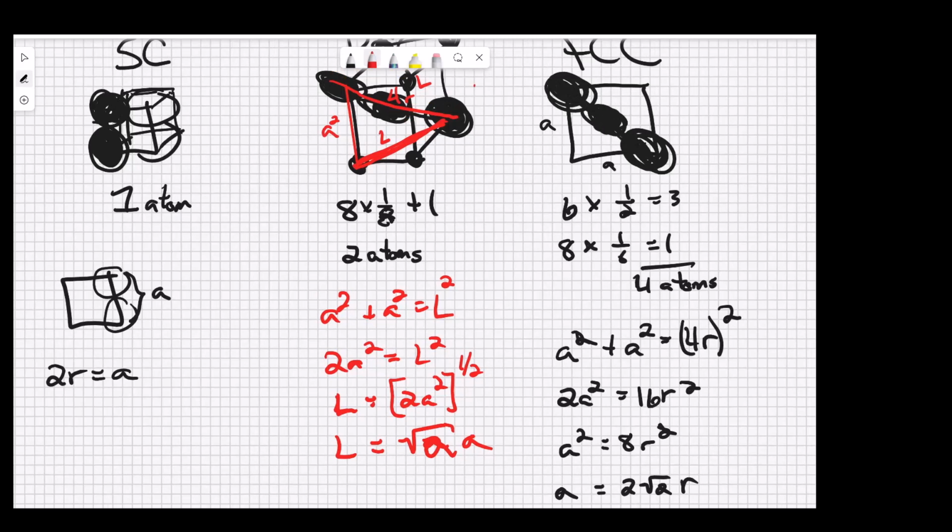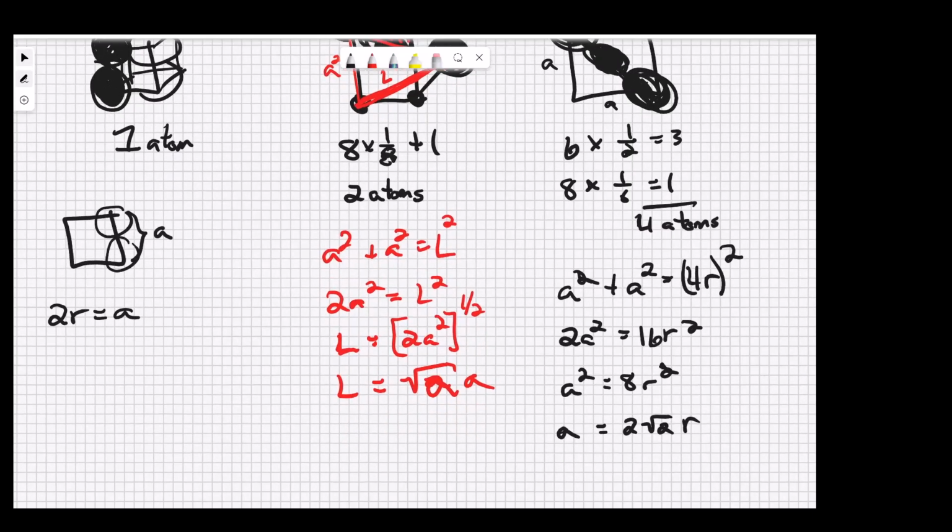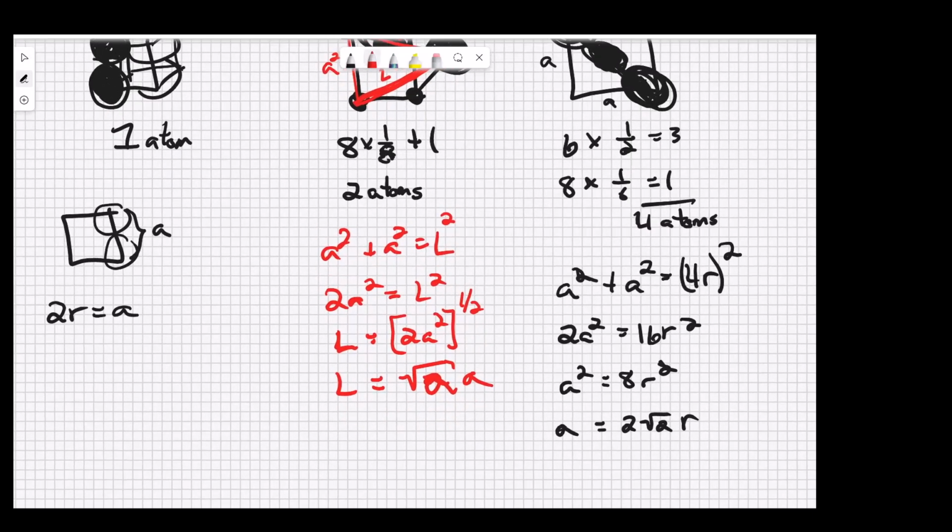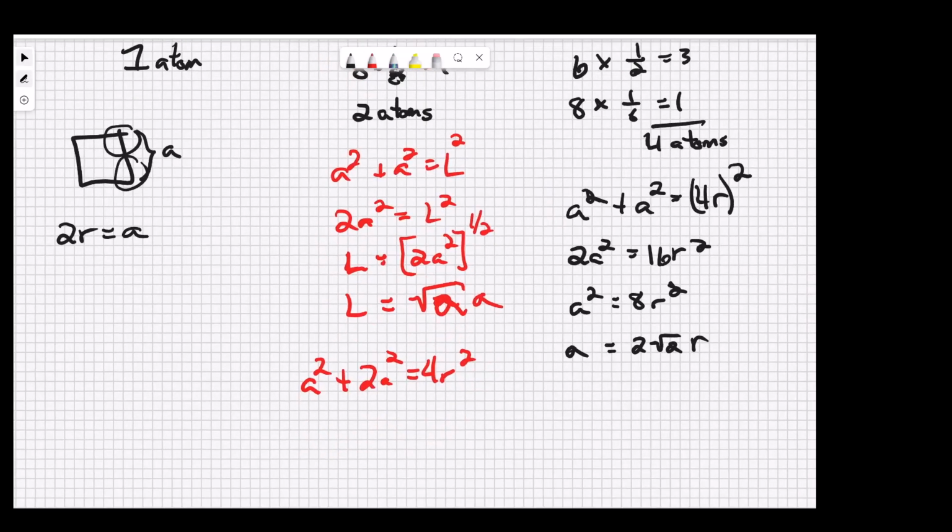So now we can say a squared plus L squared equals 4R squared. So we can say a squared plus L squared, which is already 2a squared, is equal to 4R squared, so 3a squared is equal to 4R squared.